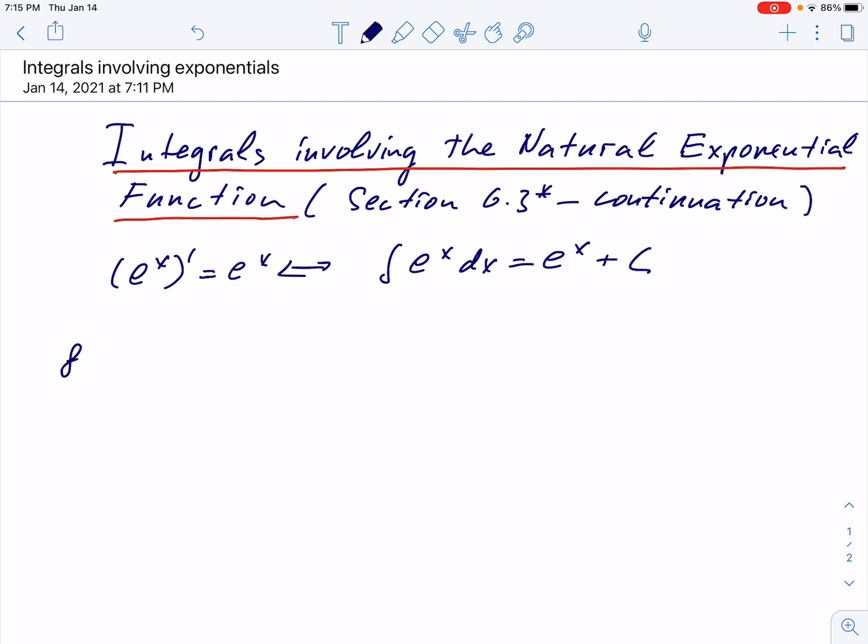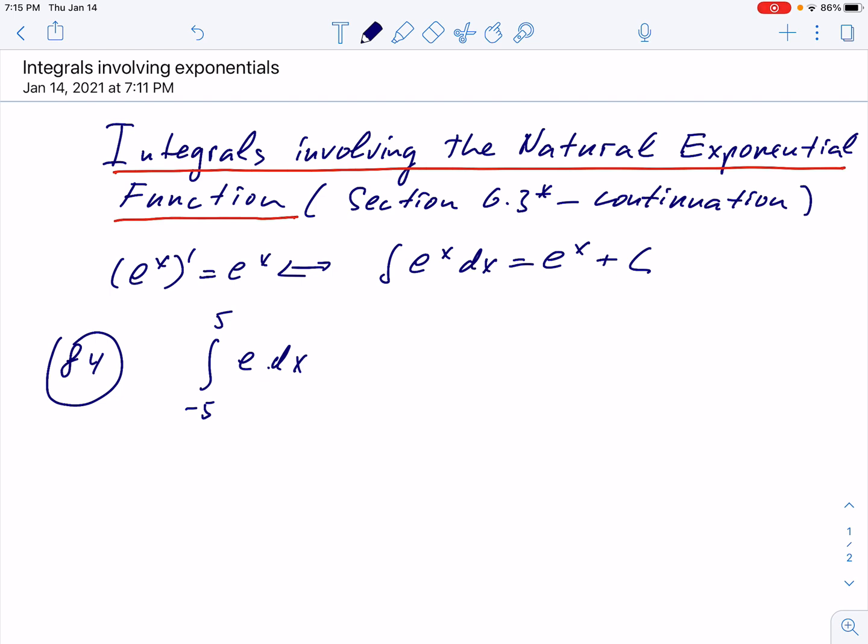Here is number 84. Evaluate this integral between negative 5 and 5, integral with limits, e dx. So how to understand this? We integrate actually a constant.